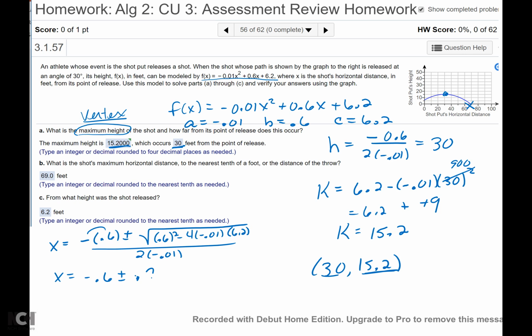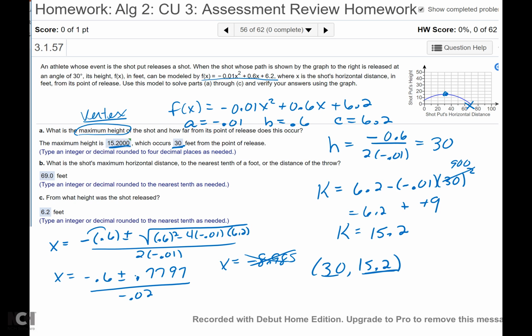This is going to be negative 0.6 plus or minus the square root of 0.608, which is 0.7797, all over negative 0.02. So if I do the math, negative 0.6 plus 0.7797 divided by negative 0.02, I get negative 8.985, which makes no sense because you can't have negative distances.